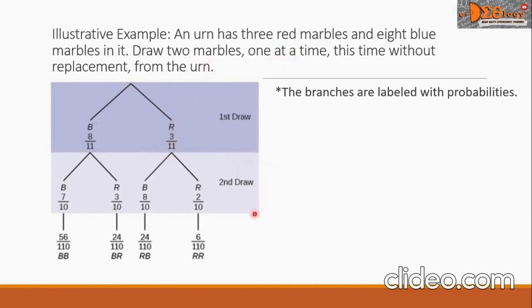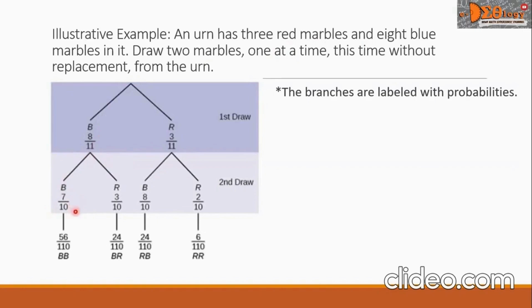This second level here is for the second draw. There are 2 groups of branches. This first group represents the probabilities when the first draw is taking a blue marble. So here we can see that the first branch represents the probability of taking another blue marble. We can see here that this is 7 over 10.